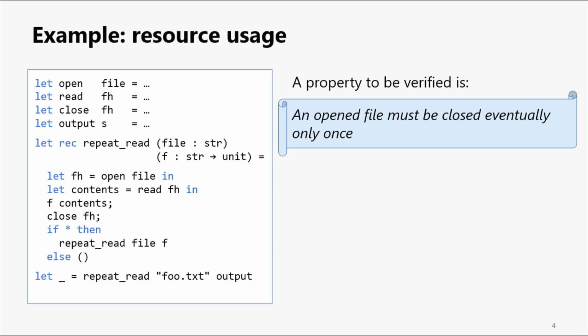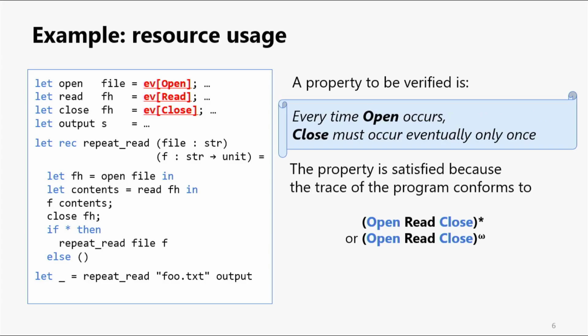To formalize this desired property, I suppose a special operation to raise an event. Here, the event operation raises some event: the open function raises the event open, the read function raises the event read, and the close function raises the event close. Then the property of interest is formulated like this. In the trace generated by the program, every time event open occurs, the event close must occur eventually, only once.